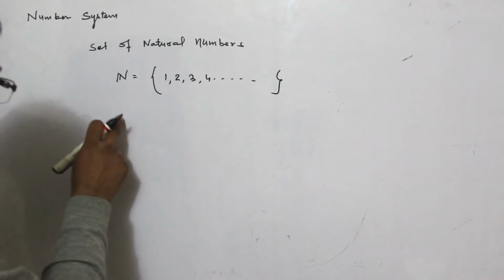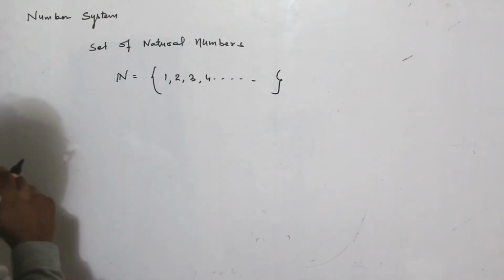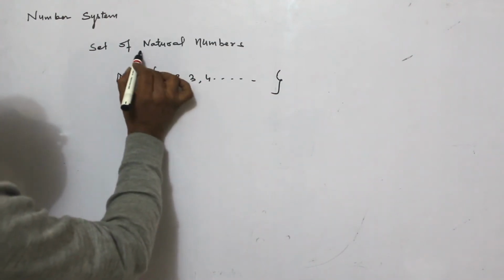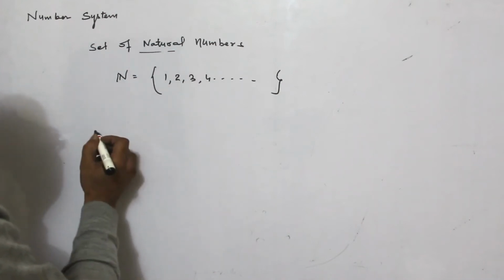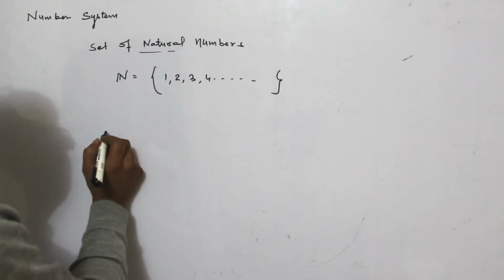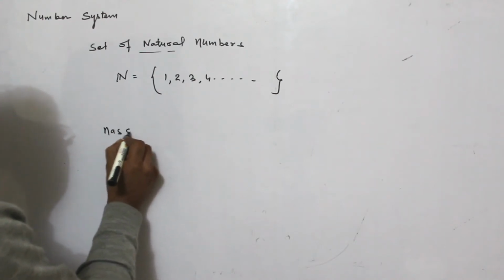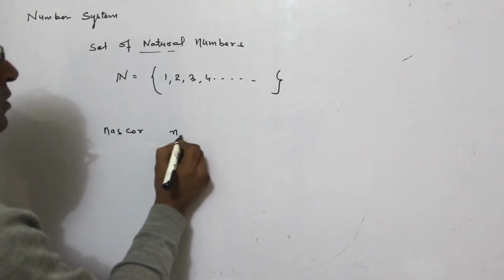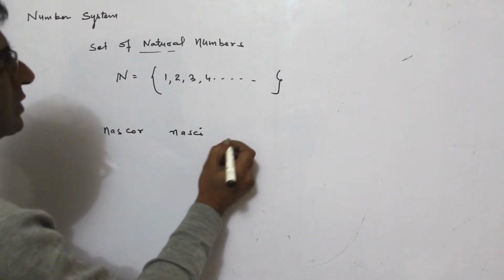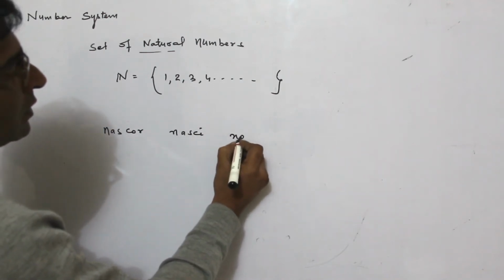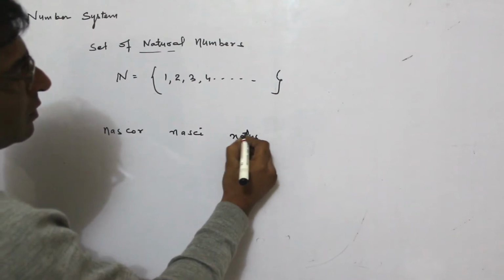Why do we call this the set of natural numbers? Actually, this word natural comes from the Latin verb nascere, nasi, natusum.